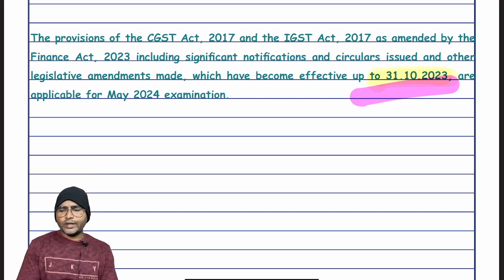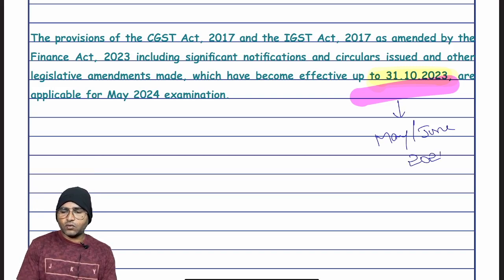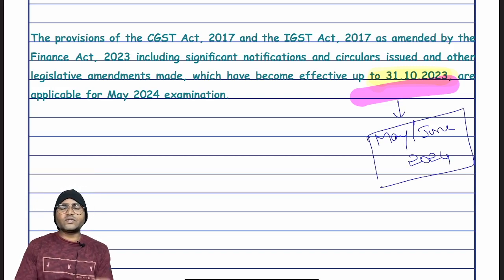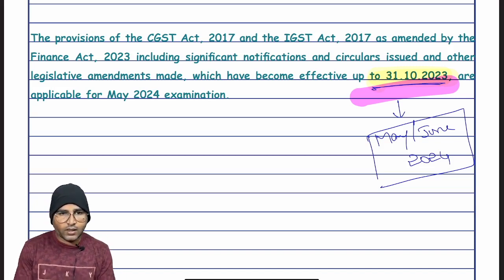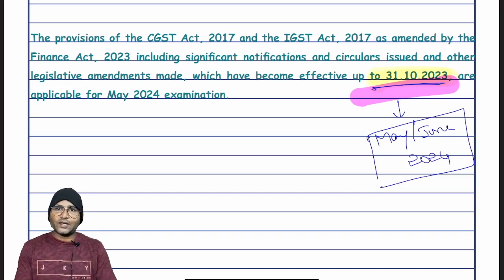The students who are going to give an attempt in the month of May or June 2024, the amendments effective up to the date of 31st October 2023 are relevant for your examination.